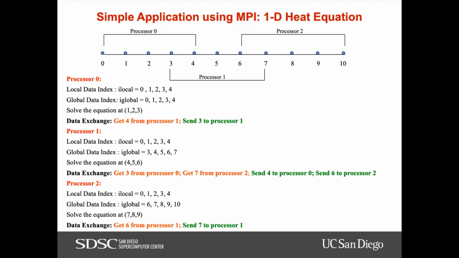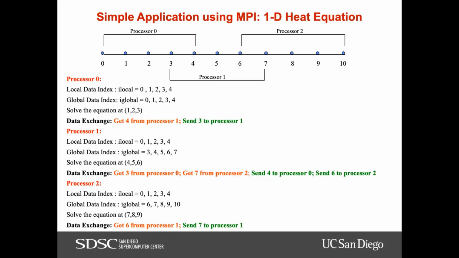So initially, you have the initial conditions at all the points. So you can solve 1, 2, 3 on processor 0, 4, 5, 6 on processor 1, 7, 8, 9 on processor 2, right? And sorry, these are task IDs basically. And then you can do the data exchange from each task.